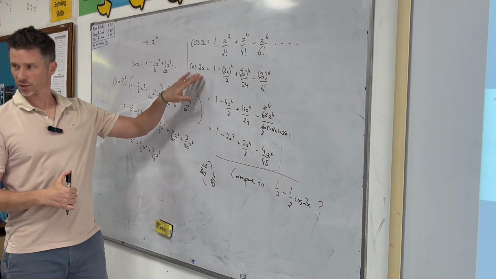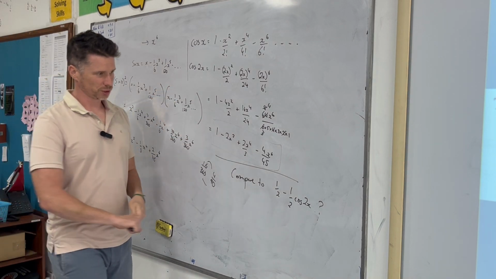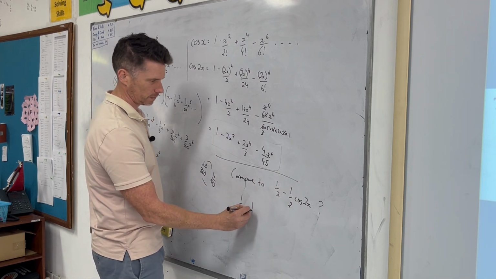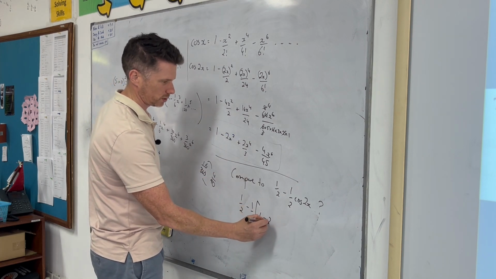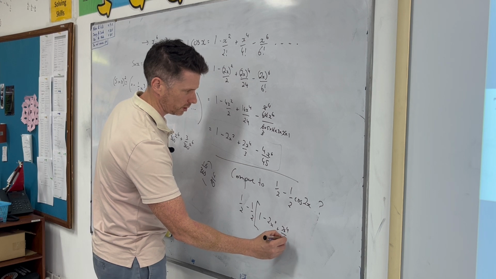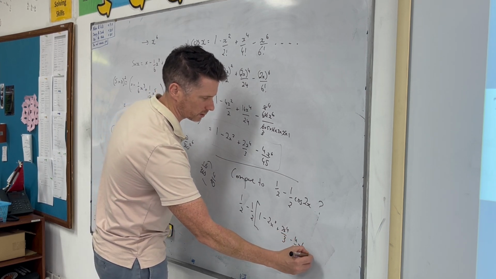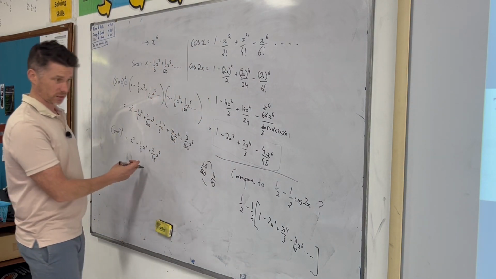This is a representation of cosine 2x, expanded out. So if I just replace cosine 2x with that, minus 1/2 times all of this, 1 minus 2x squared plus 2x^4 over 3 minus 4 over 45 x^6, tidy that up, and then we compare it to this.